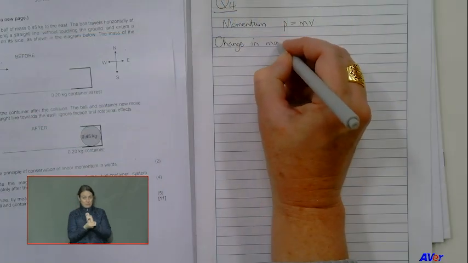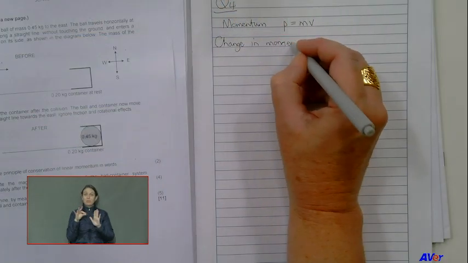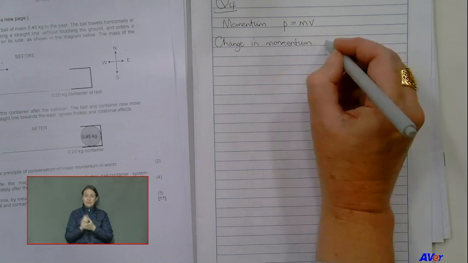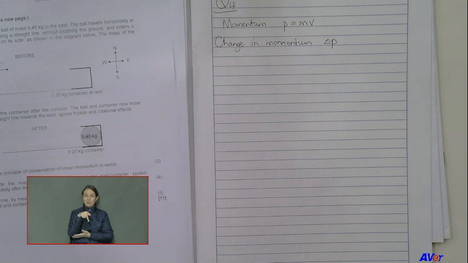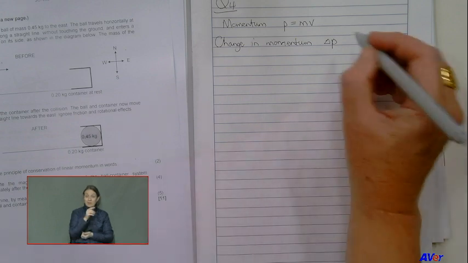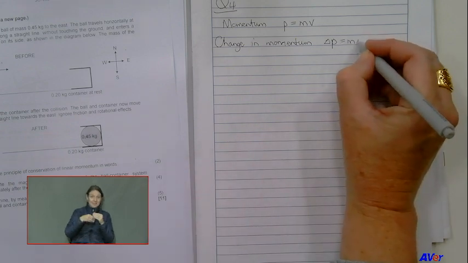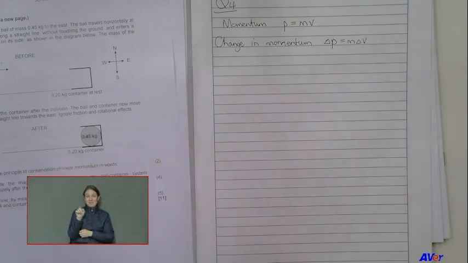Then I can get the change in momentum. When I get the change in momentum, I write delta P. And as soon as I write delta, I must subtract things from each other. And that is M delta V. Please don't write the delta in front of the M, because then you say the mass changes. The delta must be in front of the V because the velocity changes.